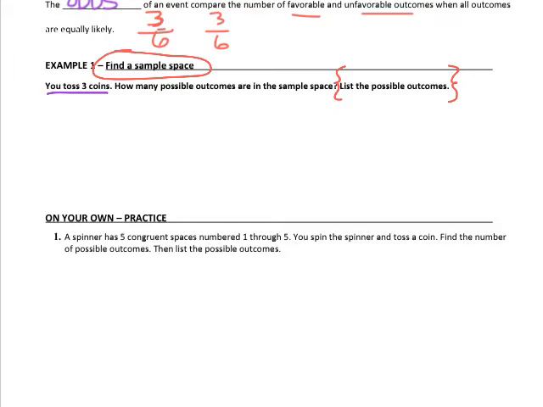Well, if you toss 3 coins, you could have 3 separate coins. Each of them has a head on one side and a tail on the other side. Or you could toss 1 coin 3 times, right? We could toss the same coin 3 times, which is the same thing as tossing 3 coins at the same time.